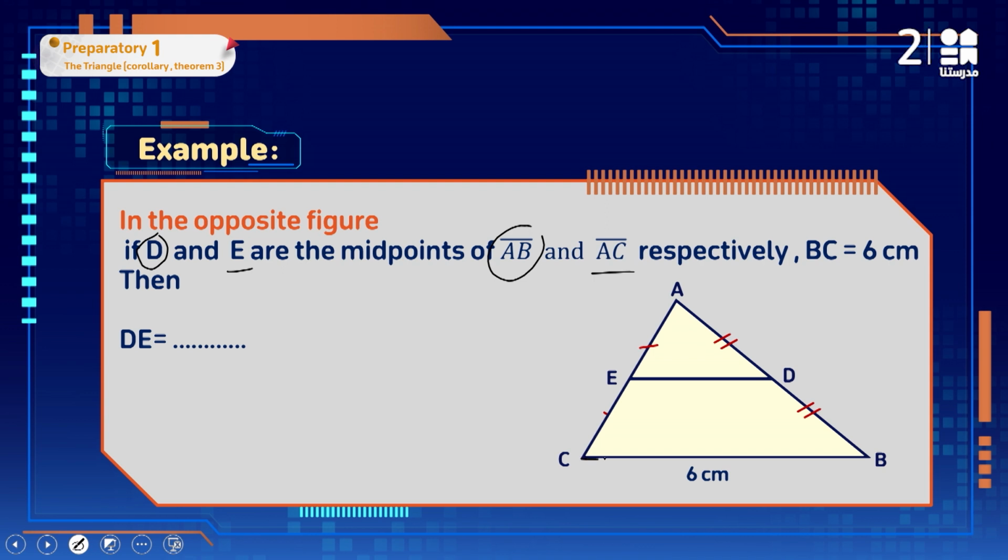This one is given, BC equals 6 centimeters, and we need to find DE. So immediately, DE is between the two midpoints, so we are gonna divide 6 by 2, which is 3 centimeters.